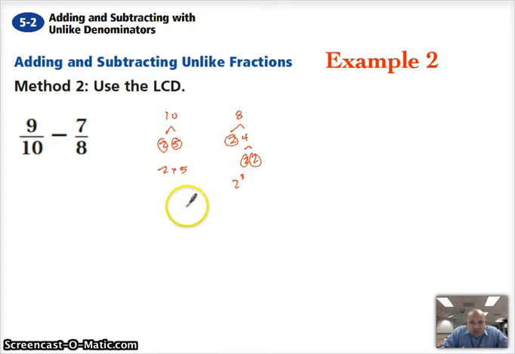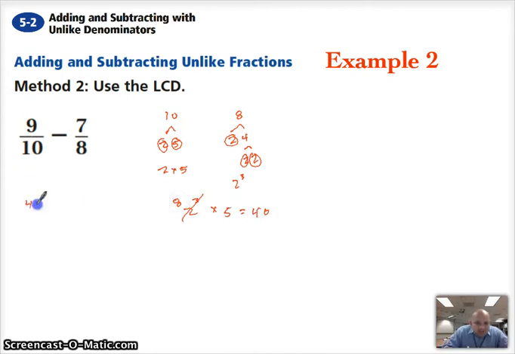So we have 2's that are involved, and 2 to the third is the biggest power. And we also have a 5 involved here. So now this makes it relatively easy. This is going to be our least common denominator. 2 to the third is 8, and 8 times 5 equals 40.